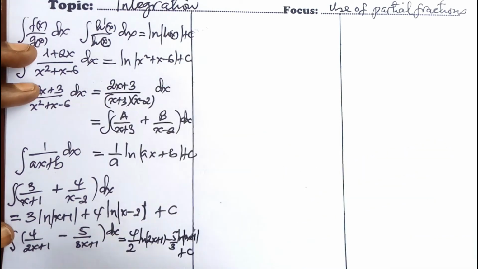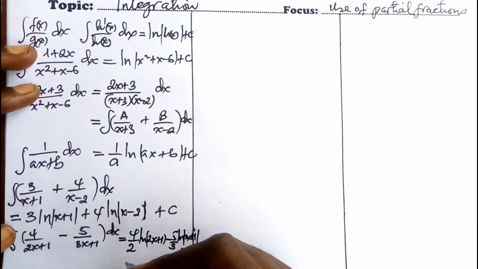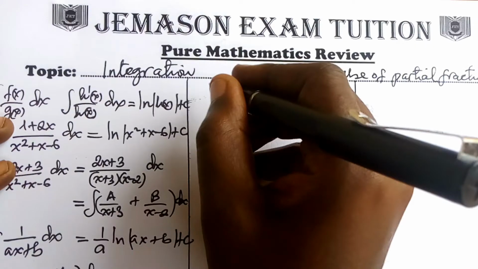So these are cases where linear factors are involved at the denominator.